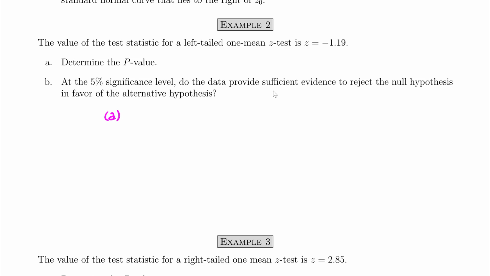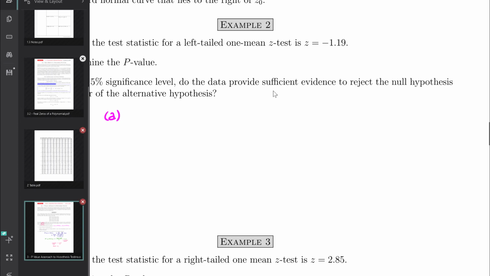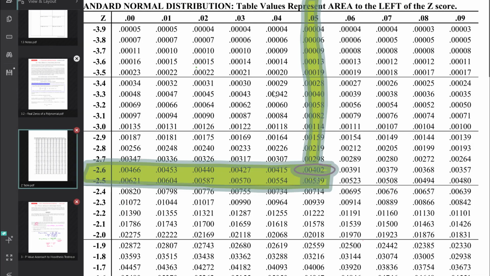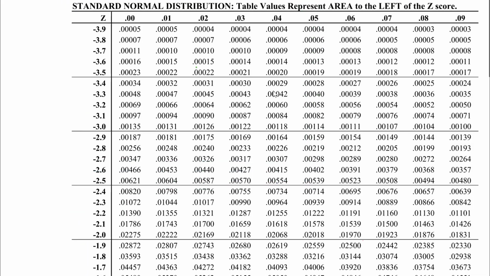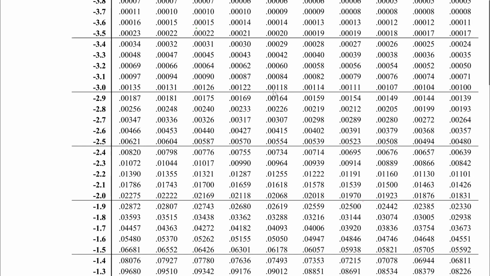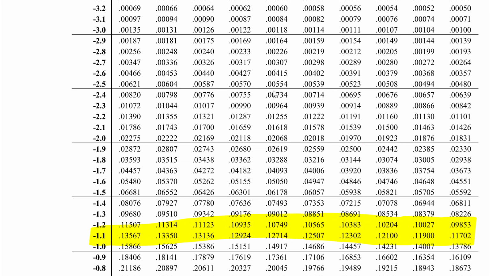So we will look at the standard normal curve, and we're going to find the value at negative 1.19. Let me erase this. We're looking at negative 1.19, I got way off there. And we can see it's right here at 0.11702.